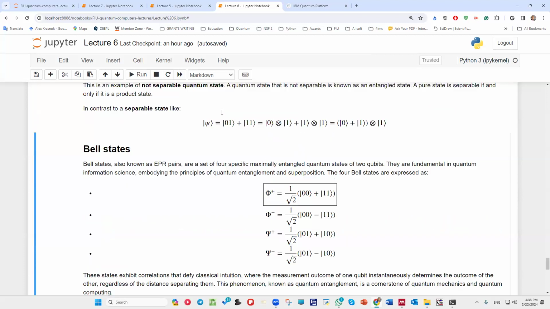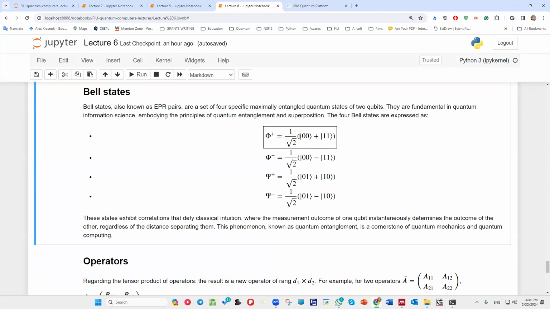An important case of a non-separable entangled state is the so-called Bell states. There are 4 Bell states, all written here. I framed the first one because this is maybe the most important one, but all of them represent different states which are totally entangled.